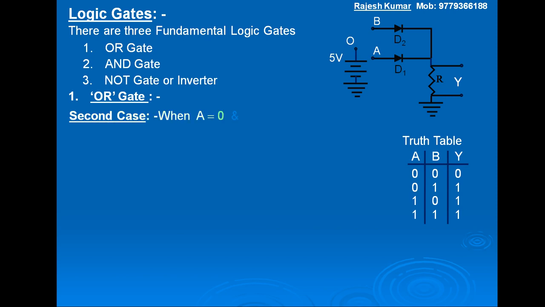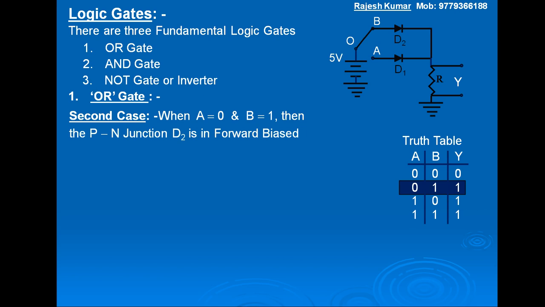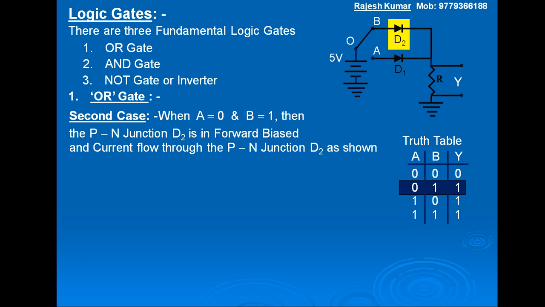Now second case, when A is equal to 0 and B is equal to 1. B is 1 means connect point O to point B. So the point B is now at high potential, at 5 volt. Then the PN junction D2 is in forward bias, and current flows through PN junction D2 as shown.